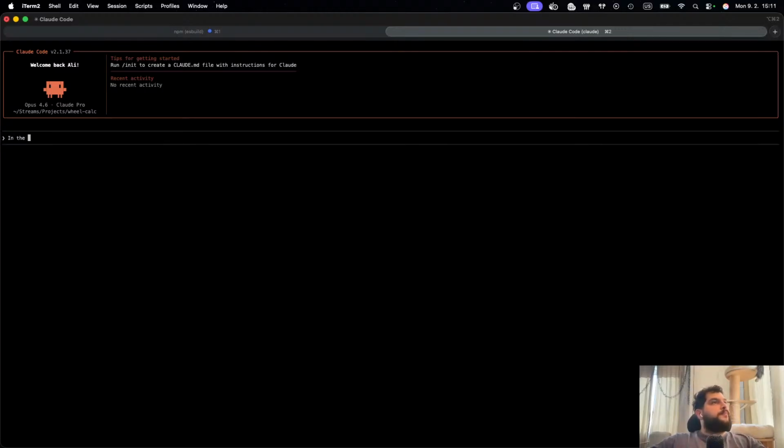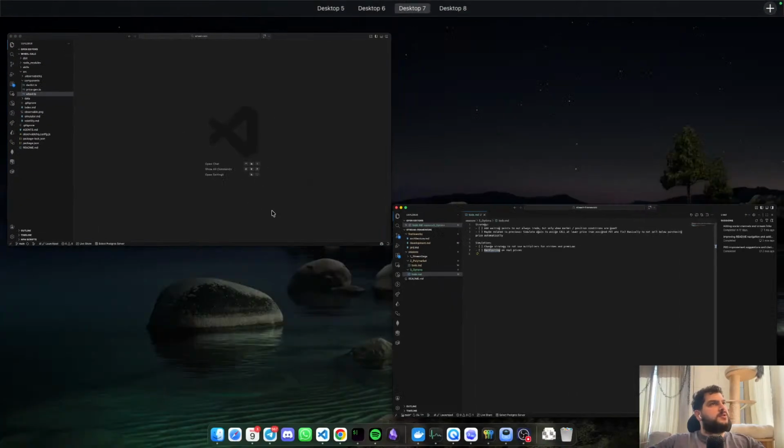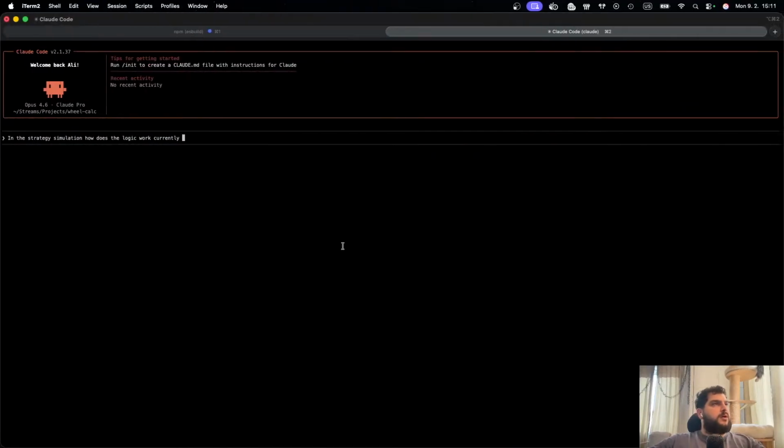In the strategy simulation, how does the logic work? Currently, we probably need to write documentation. How does it currently pick the strike prices and guess the premiums?